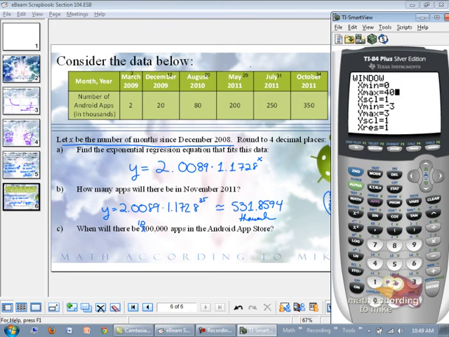As far as the scale, let's make the scale 5, so every 5 units it makes a tick mark. As far as the y's are concerned, since we want to make sure we hit 1,000, let's center it around 1,000. So let's say 900 to 1,100. You can make the scale whatever you want, you can just say 100. And now you want to hit graph.